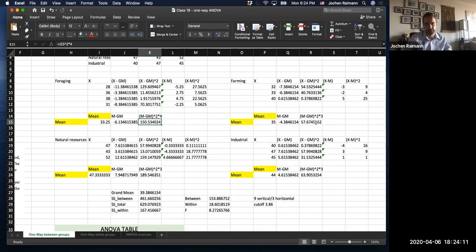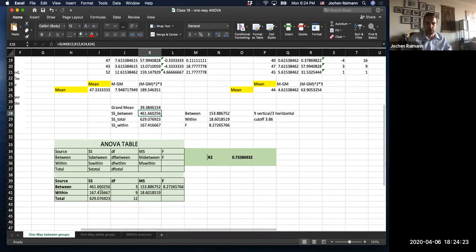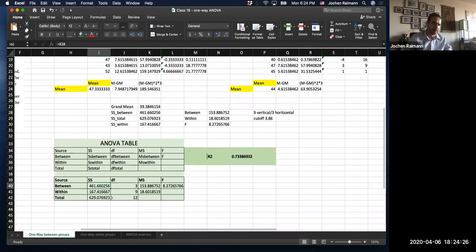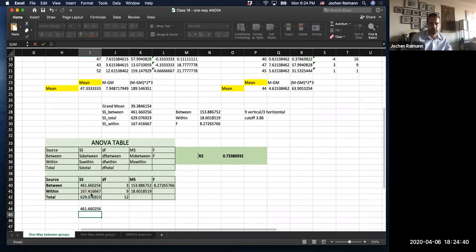So essentially you get 150, 57, 63, 189, and the sum of that is 461. Now, this is where it's getting interesting for the calculation on the finals, for example: the 461 is also nothing else but the total minus the within. So you can calculate this easily by just calculating the difference between total and within.